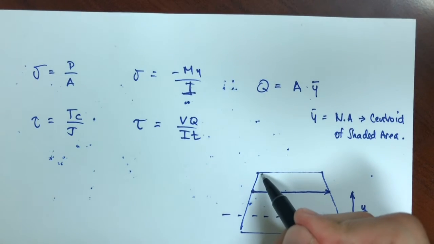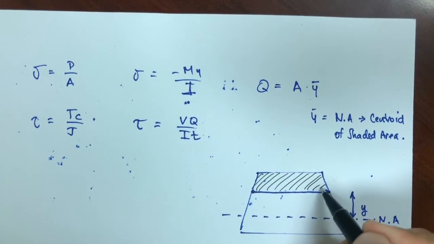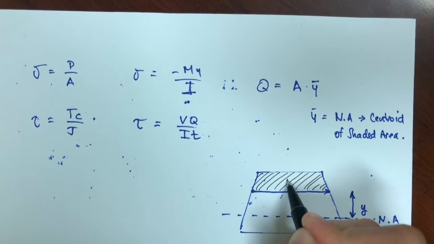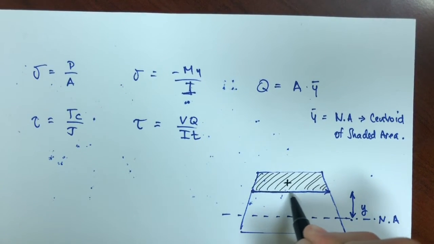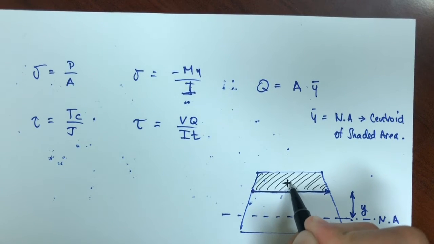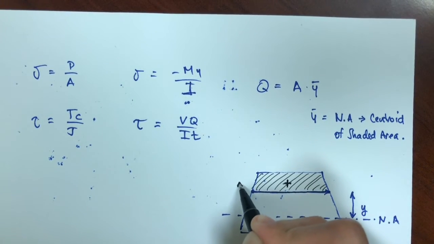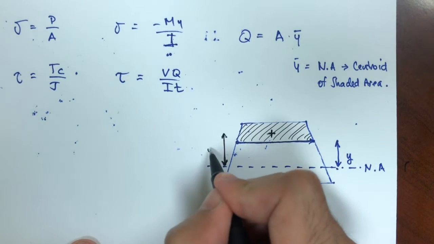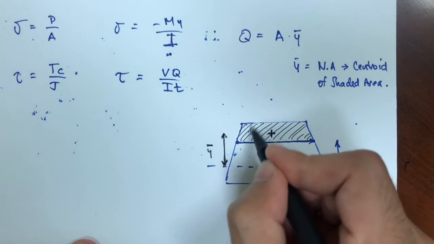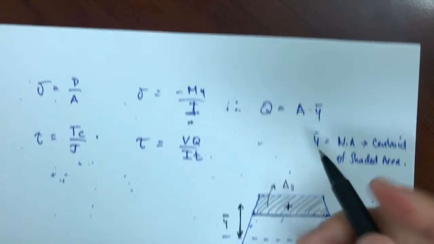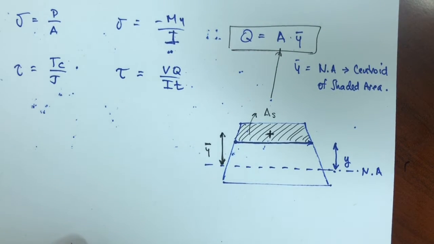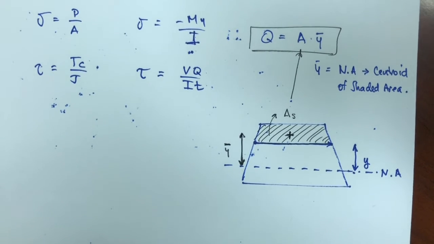So it's Q times the distance from the centroid of the shaded area to my absolute point of reference, which is the neutral axis. This would be the y bar, and this shaded area would be the area that goes here. That might also clarify a lot for many of you.